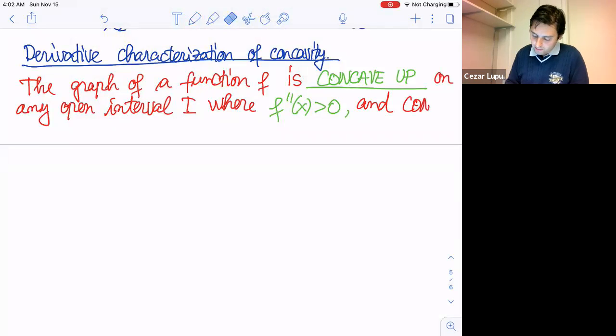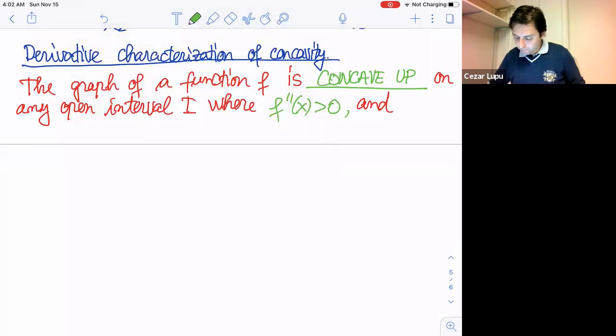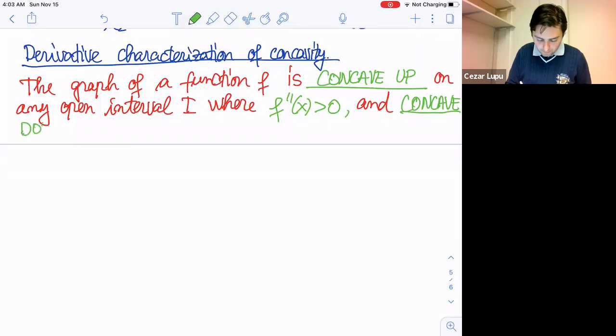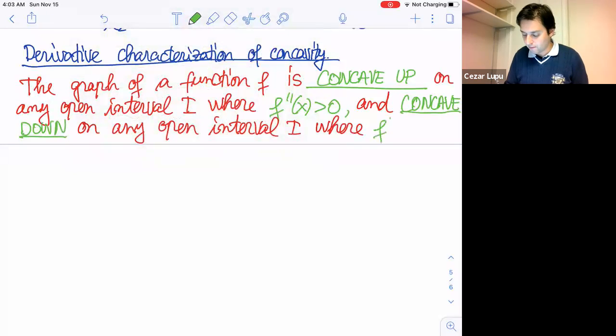And concave down on any open interval I where the second derivative, guess what, is negative.